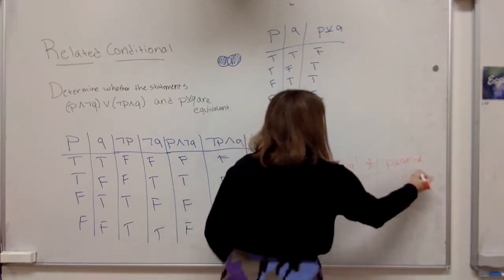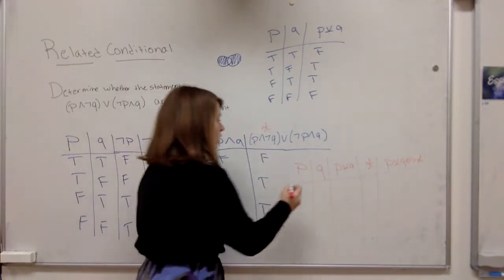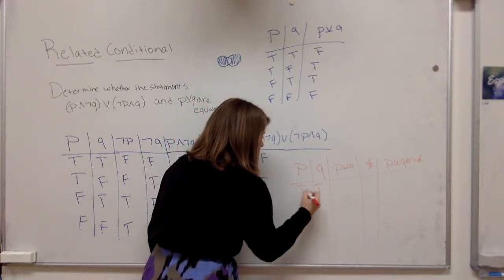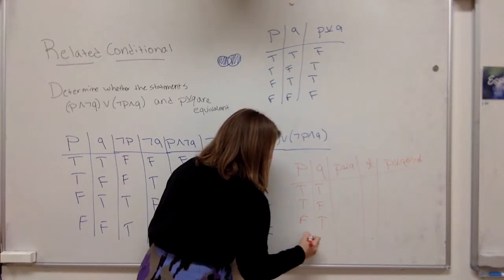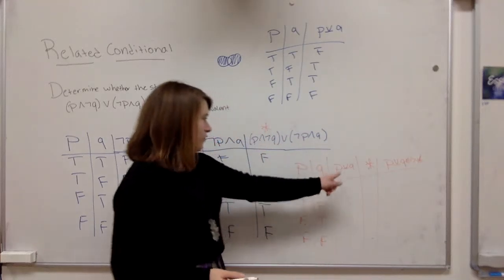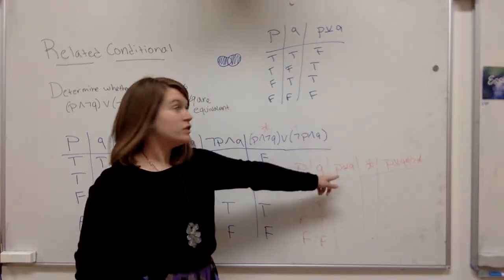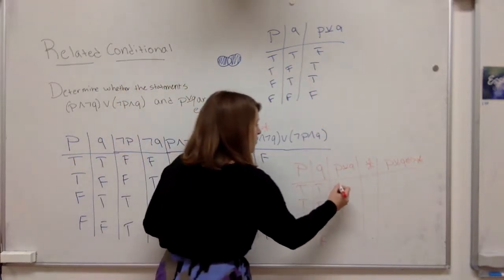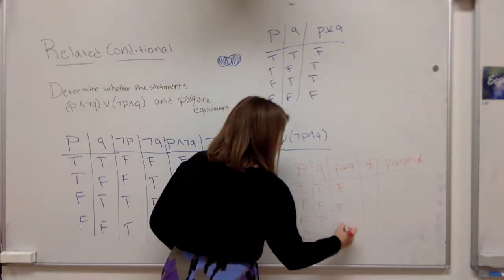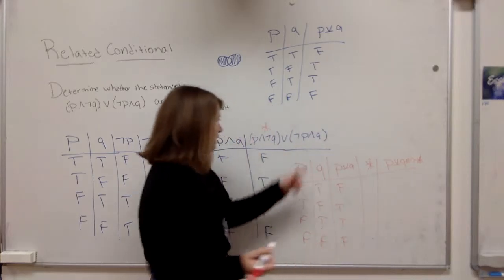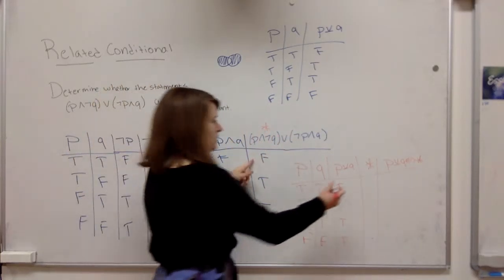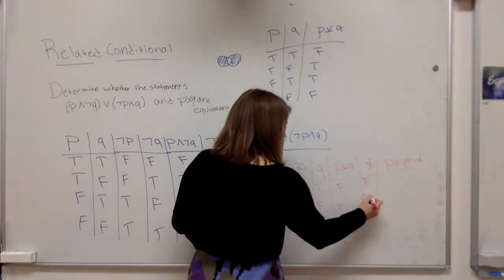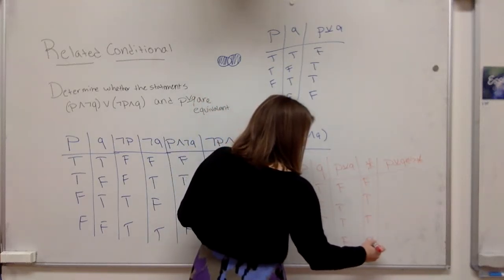Okay, so basically what I'm trying to look at here is we'll do our regular P's and Q's, true, true, true, false, false, true, false, false, and then for our P exclusive disjunction Q, we got false, true, true, false. And then for this long one, which I'm labeling star, we got, again, false, true, true, false.